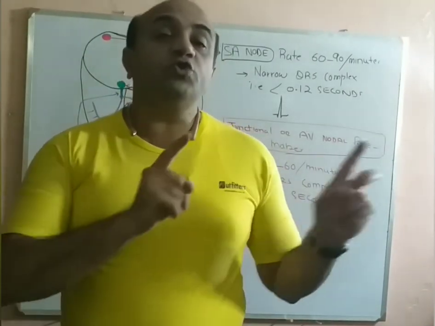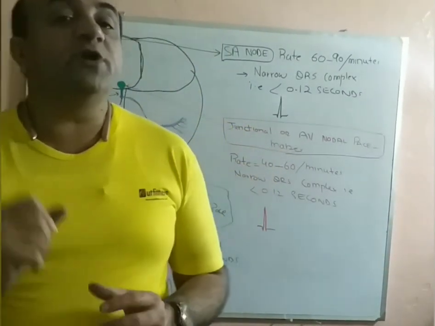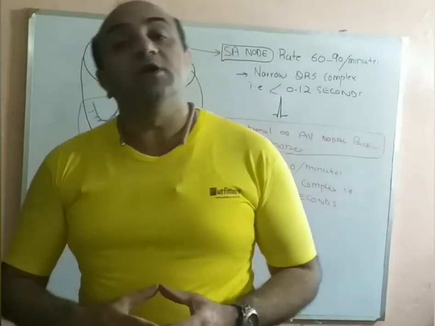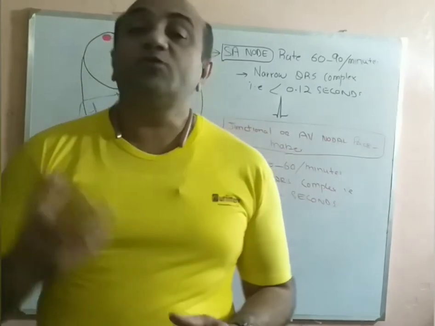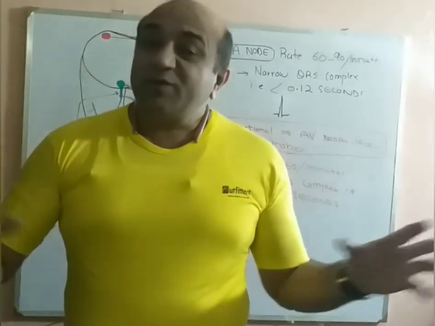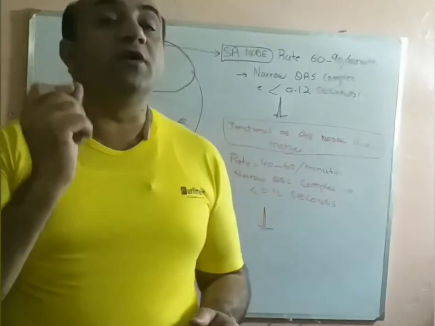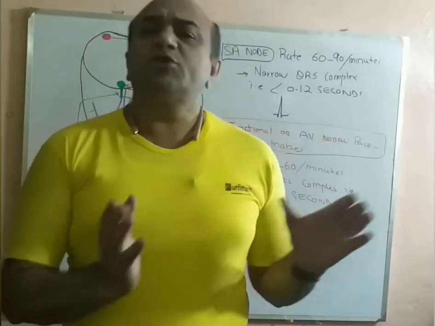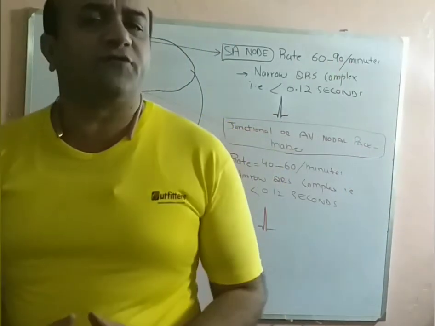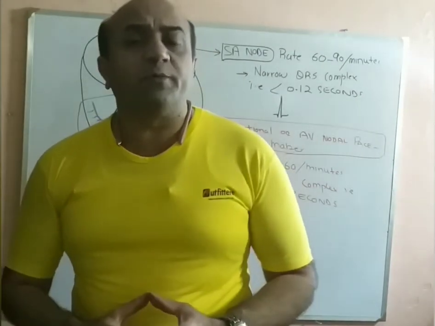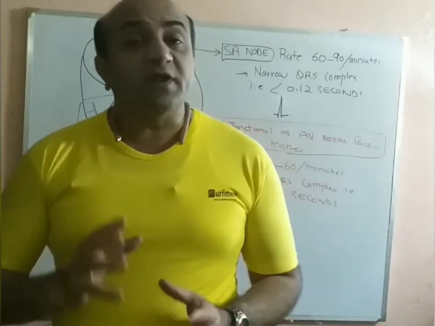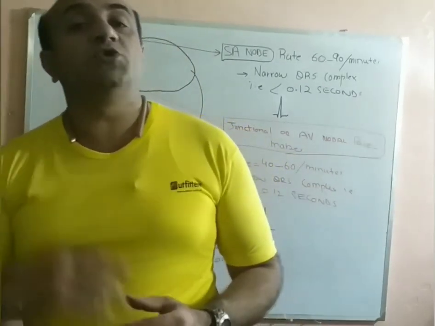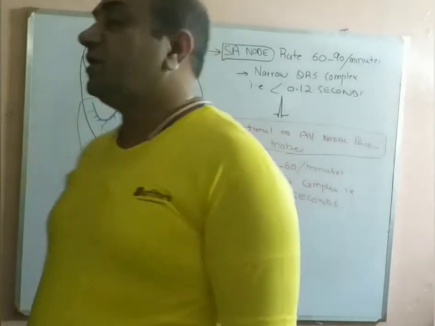Only then will either of those two dormant pacemakers of the heart start functioning and take over the control of ventricular depolarization and contraction, in order to sustain life. But otherwise, normally the SA node is calling the shots. So let's see what the other two pacemakers of the heart are, which are dormant, at what rate they fire, and what the status of the QRS complex is in those pacemakers. This is very important because before we go further in understanding complete heart block, we should have this concept very clearly. Let's see.